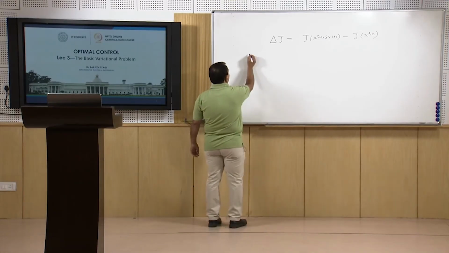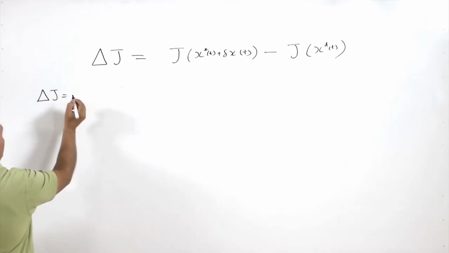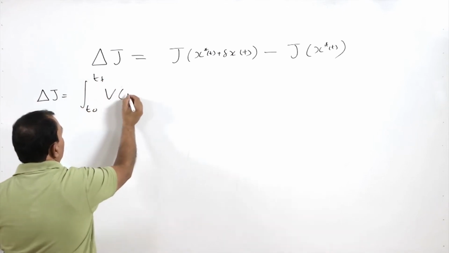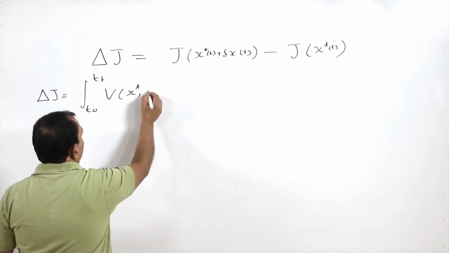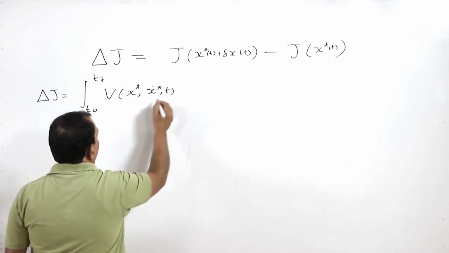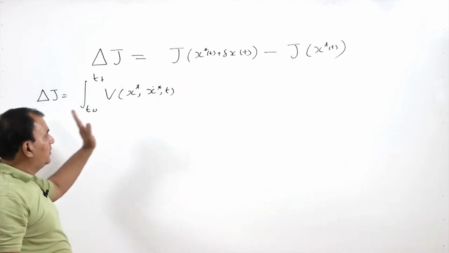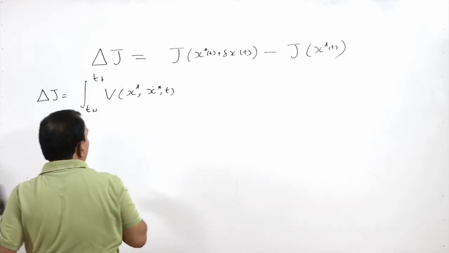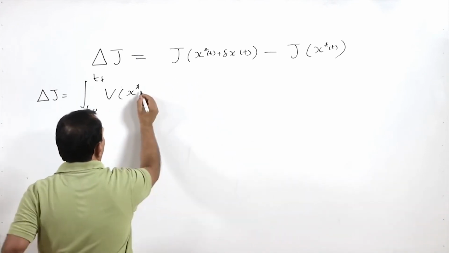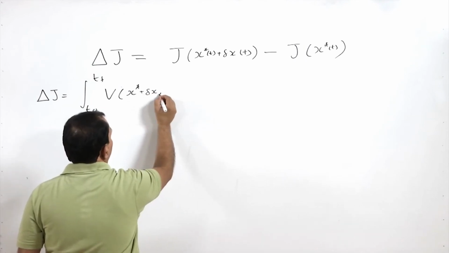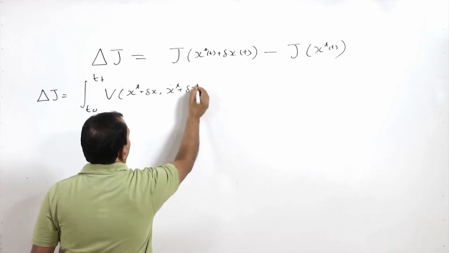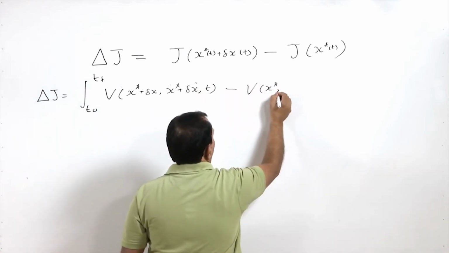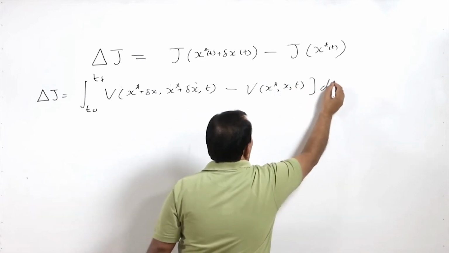So, we can write delta J as the integral from t0 to tf of V of x star plus delta x, x dot star plus delta x dot and t, minus V of x star, x dot star and t, dt.